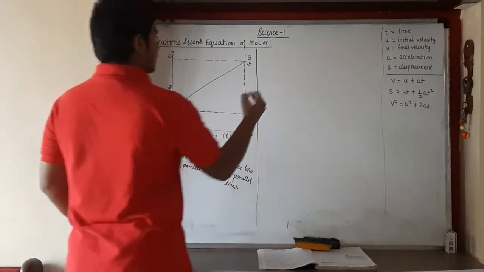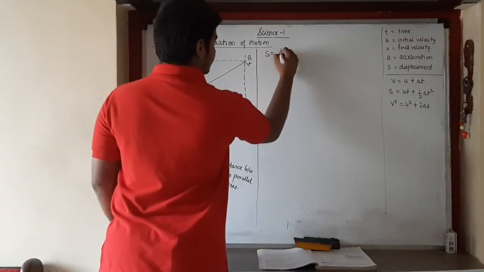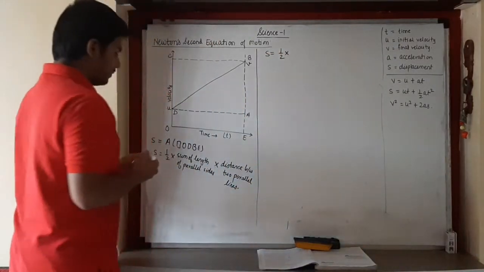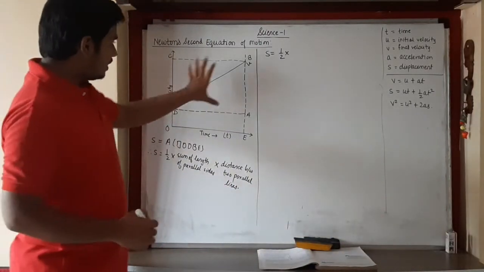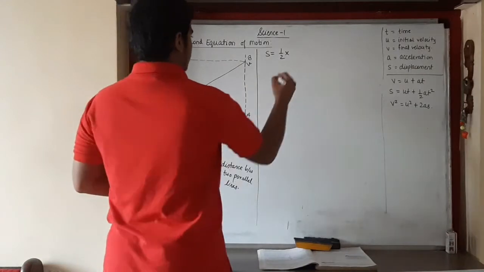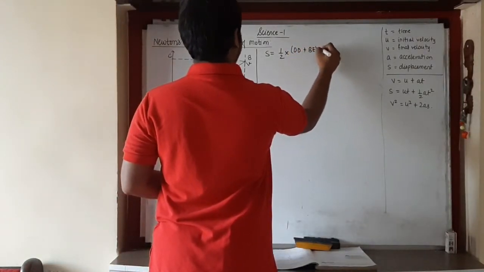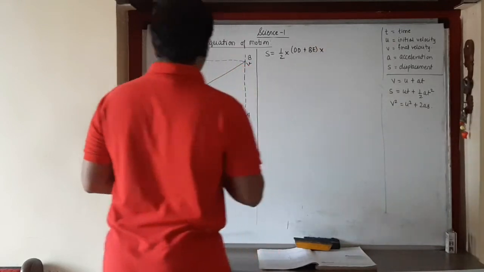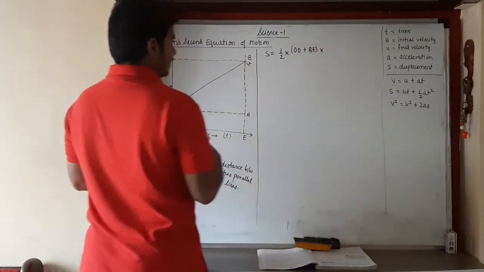Now let us substitute other things in it. So s equals half multiplied by sum of lengths of parallel sides. Parallel sides are OD and BE. So this will become OD plus BE multiplied by distance between two parallel lines, that is OE.